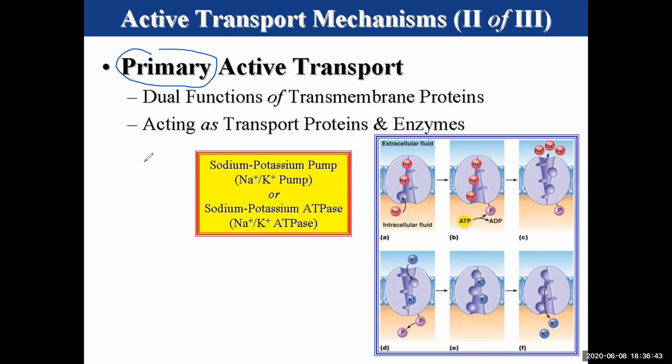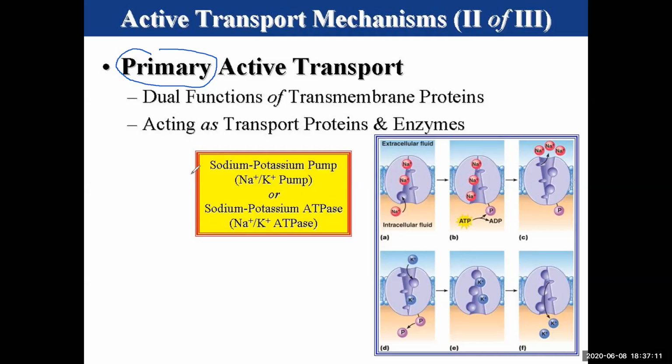It's not identical, but the process is so important that the concept is very similar. So this is again another evidence that all living organisms share a common ancestry on this planet. And this is shown by the conservation of this sodium potassium ATPase, sodium potassium pump.